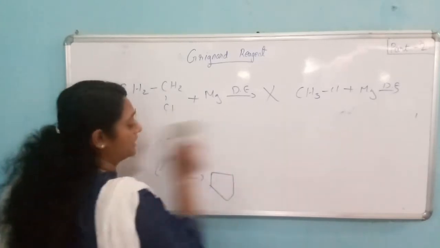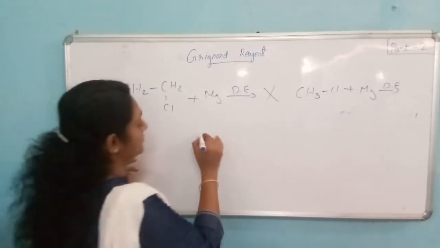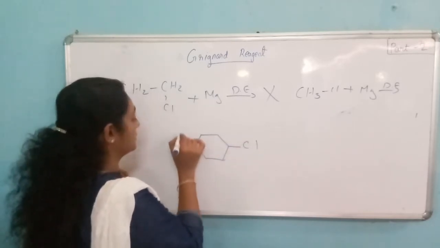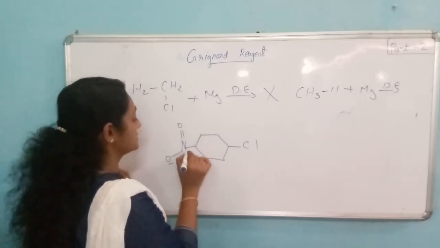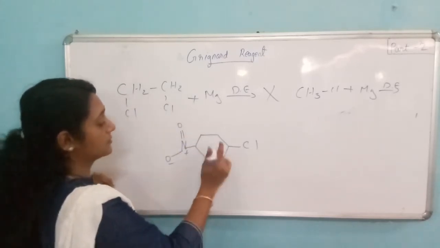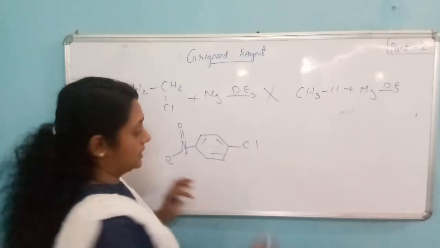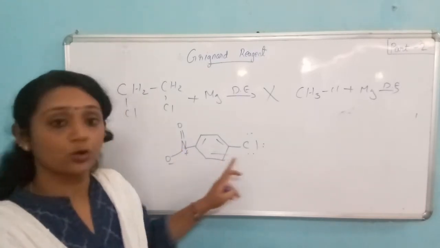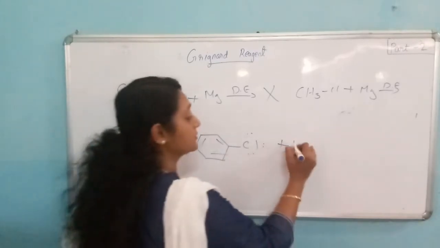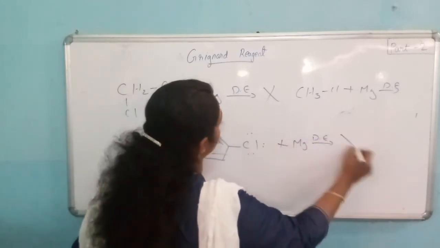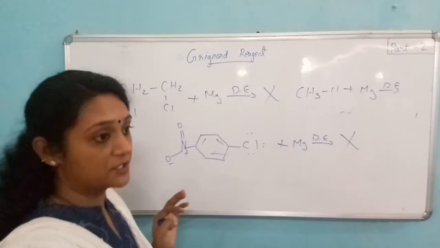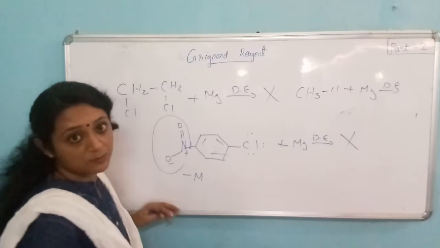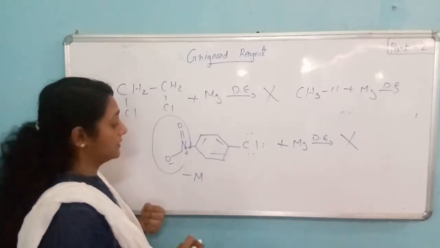And another example is a nitro group, N double bond O, O minus. This is the nitro group, and this is benzene. Chlorine has lone pairs of electrons. This is 4-nitrochlorobenzene. This compound, when reacted with magnesium in the presence of dry ether, will not give Grignard reagent. Why? Because the nitro group is a minus M group, meaning it has withdrawing efficiency.